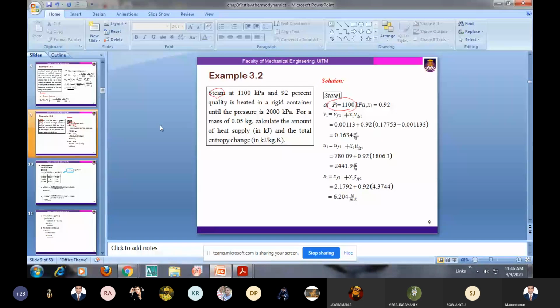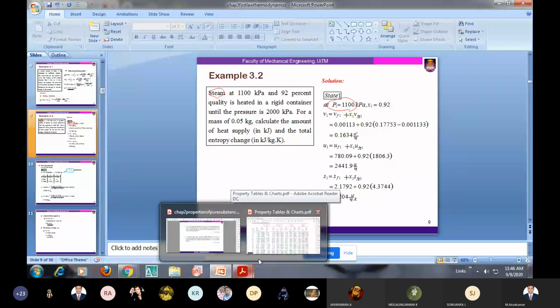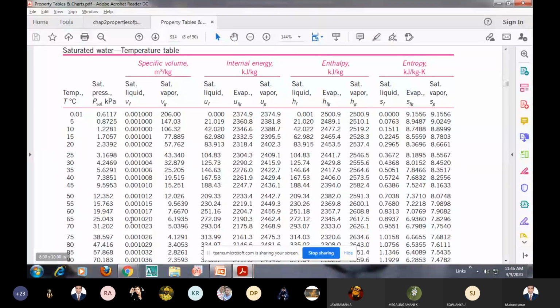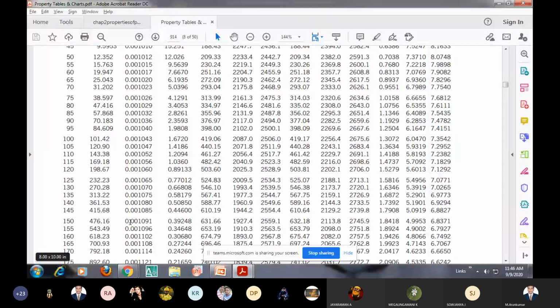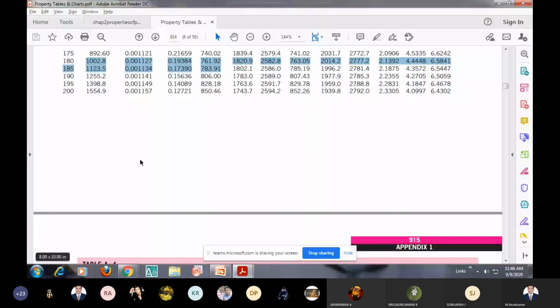We have a pressure of 1100 kilopascal. Then we can use this steam table. We have 1000 pressure and we have 1123 pressure, so we have to use interpolation to find 1100 kilopascal. If you interpolate, the value will be in between these.